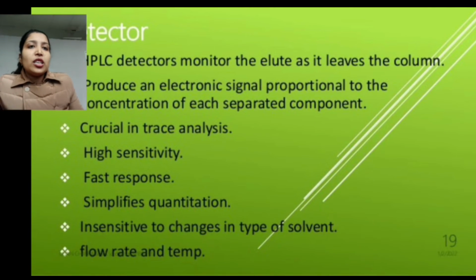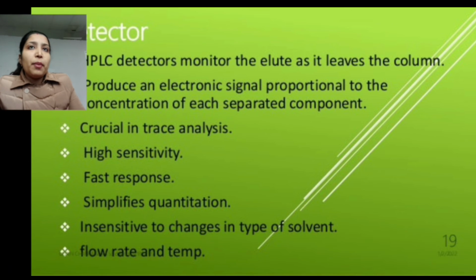Detectors. The detectors monitor the eluate as it leaves the column and produce an electronic signal proportional to the concentration of each separated component. They have high sensitivity, fast response, simplify the quantitation, and are insensitive to changes in the type of solvent. Apart from this, the detectors used are UV detectors, fluorescence detectors, and UV spectroscopy is attached, which detects specific compounds.